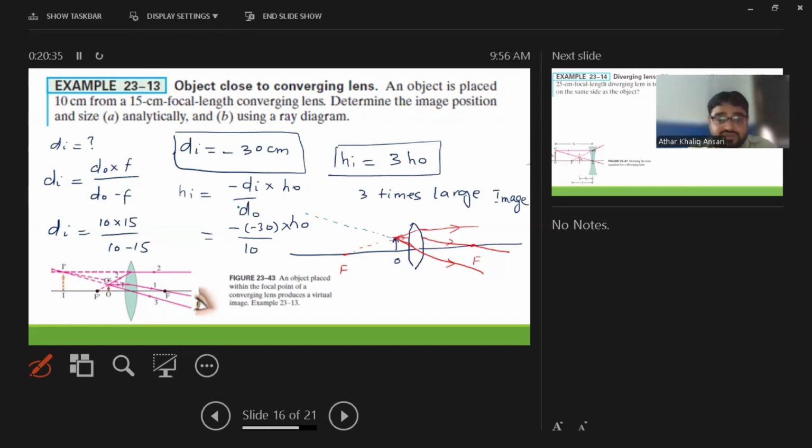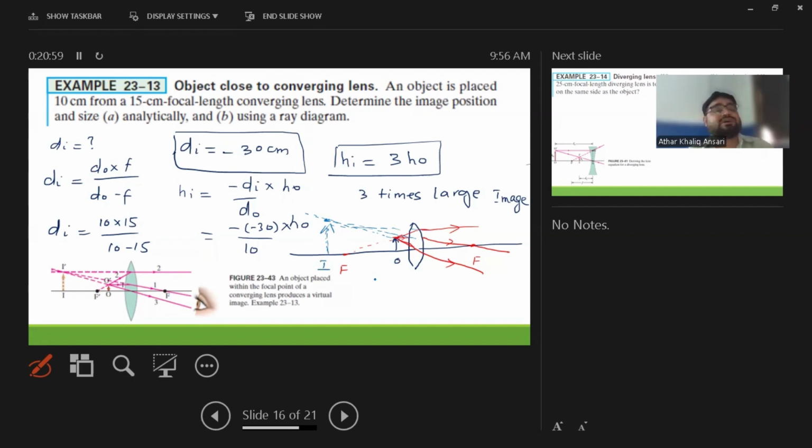Okay, now this is the first ray. The second ray that is coming from here, I am just going to extend it from here. Let's say it is meeting the first ray here, and the third one, if I try to meet this ray, it should be a little bit extra, but I just make it here. So these rays are meeting, for example, at this point. So this is the image formation. This is the image.